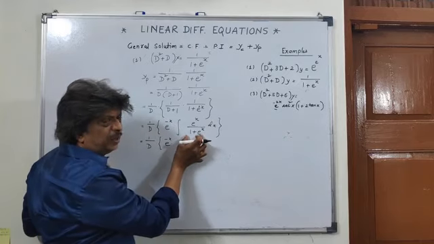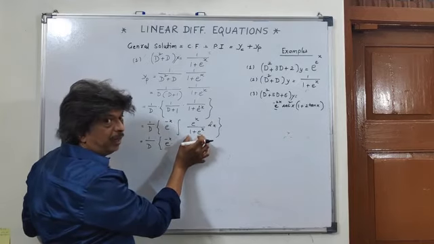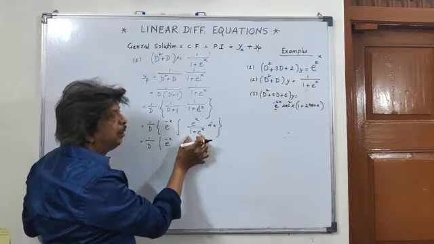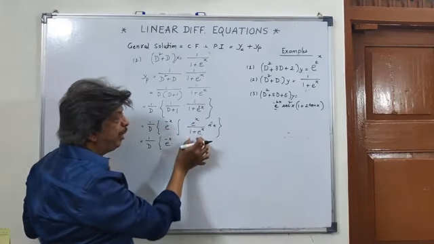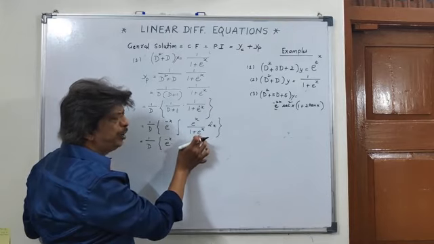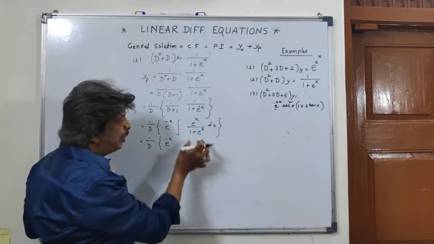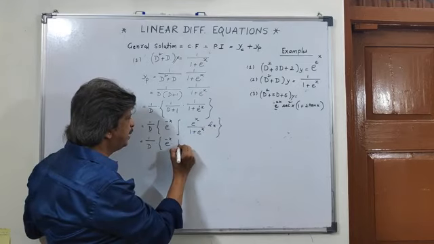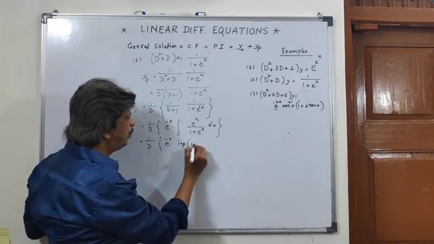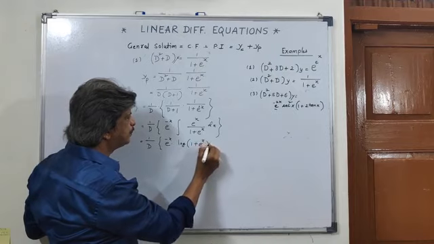Now it is very easy to integrate this. If we put the denominator equal to t, the numerator would be equal to the derivative of the denominator. So dt upon t. If I put 1 plus e to the power x as t, then the derivative e to the power x dx would be dt. So this integral is nothing but log of 1 plus e power x.